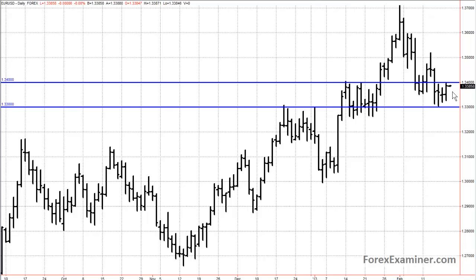And what we'll do is we will enter a trade and we will go long based upon this line. Okay, so when the market closes above this line, and I mean closes, not just penetrates or goes a few pips above the line, but closes above this line, then we will buy the next open.